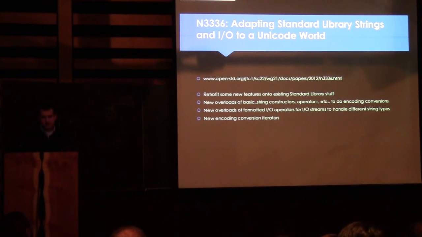The paper proposes to add new constructors and new assignment operators to basic string so that you can take a basic string with a different encoding and initialize the string with it. For example, you could have a U32 string and initialize a std string from it, and it would do the correct conversions. Plus, there were new overloads for the formatted I/O operators and new encoding conversion iterators.